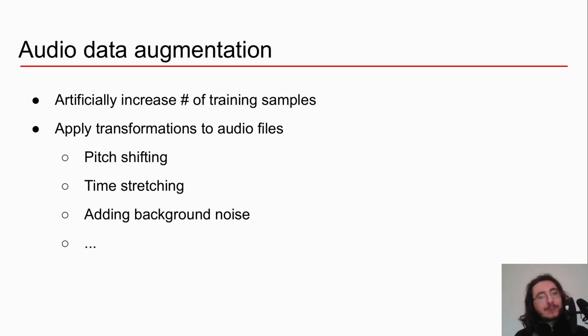Now, the important thing to remember here is that when we do audio data augmentation, we want to do it directly on the train set. We don't want to do audio data augmentation on the whole dataset and then use the augmented data also for testing purposes, because otherwise you are cheating a little bit, since the transformed data is somehow related to the original data.